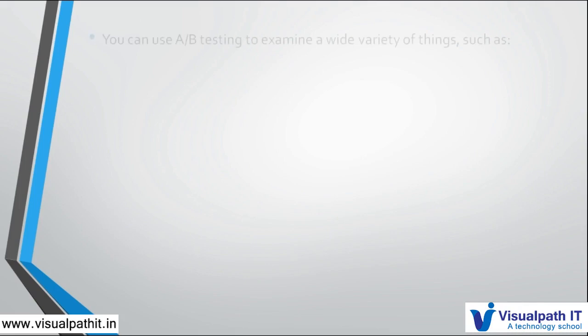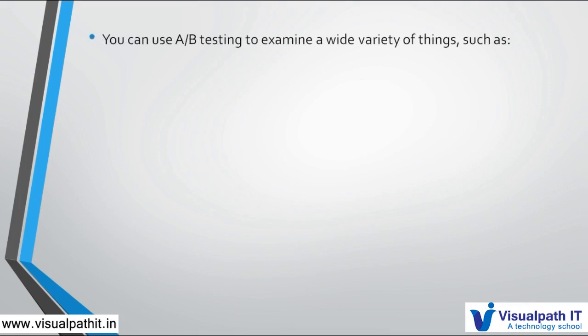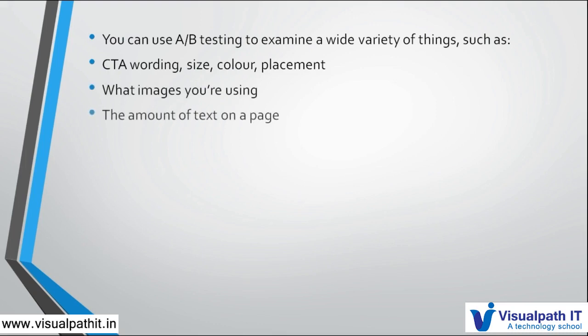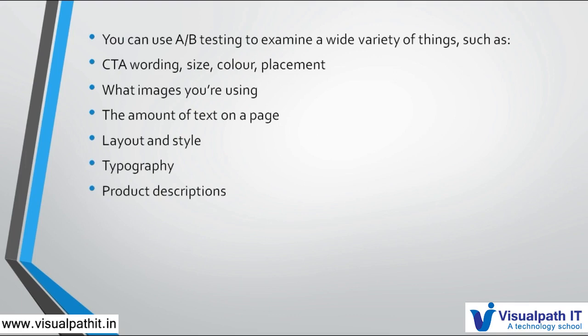You can use A/B testing to examine a wide variety of things such as CTA wordings, size, color, placement, what images you are using, the amount of text on a page, layout and style, typography, and product description.